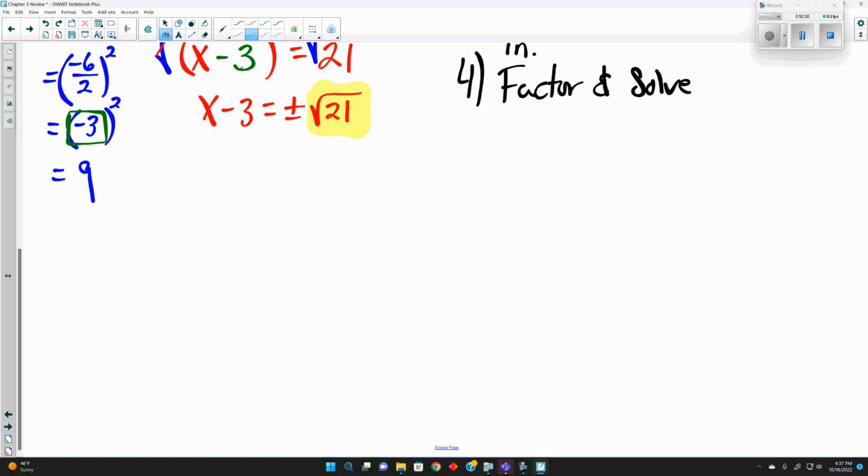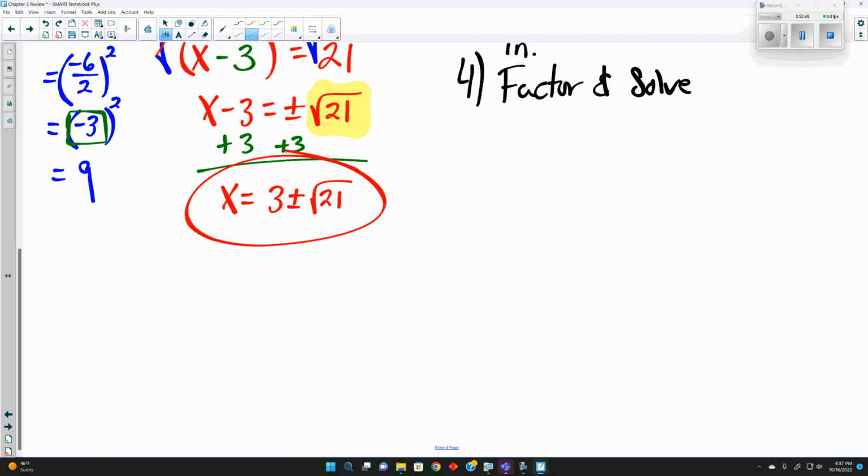And well, surprise, surprise, the calculator will just throw back the square root of 21, so it doesn't simplify. And last but not least, we do need to get x by itself, so we can add 3 to both sides. Telling us x is equal to 3 plus or minus the square root of 21. And that's it. That is our final answer.